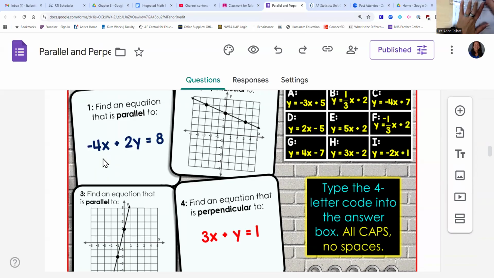Okay, puzzle 2, not 3. Write these 2 down. So in box 1, I'm going to put negative 4x plus 2y equals 8. And in box 4, I'm going to put 3x plus y equals 1.